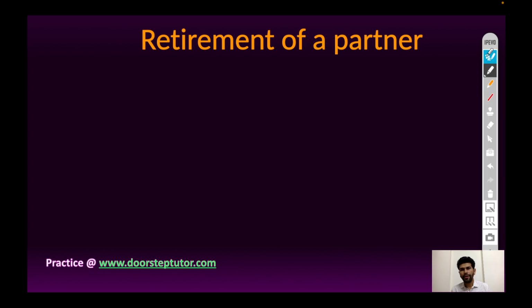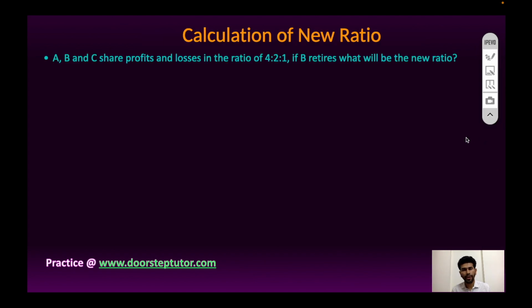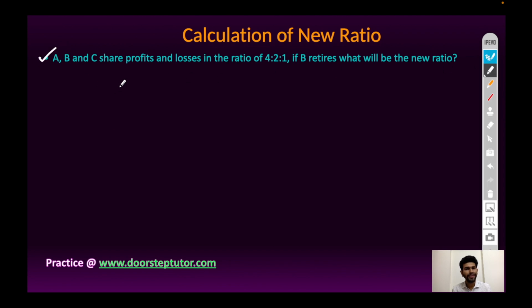Now let's start with the calculation of new ratio. A, B, C share profit and losses in the ratio of 4 is to 2 is to 1. There are three partners, A, B, and C. Their old ratio is 4 is to 2 is to 1.